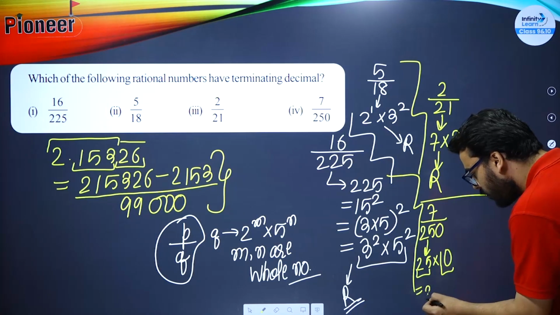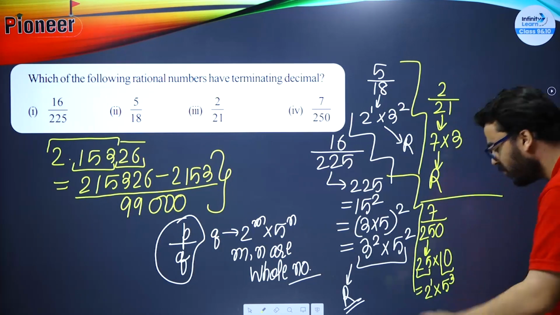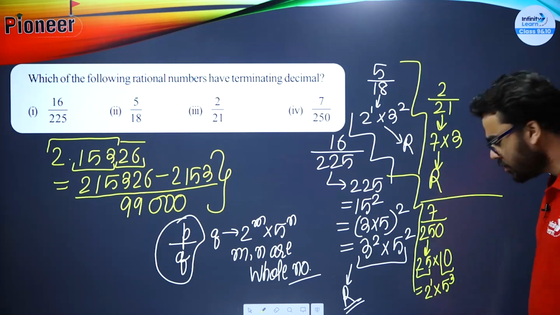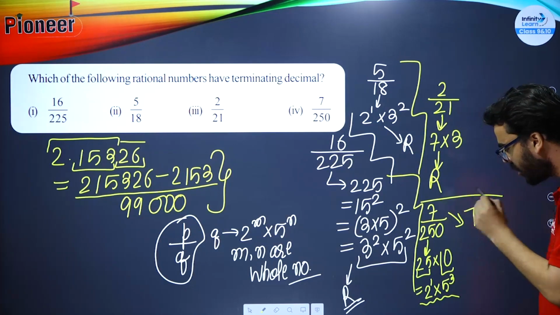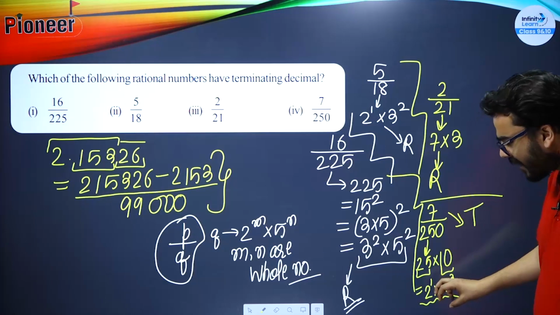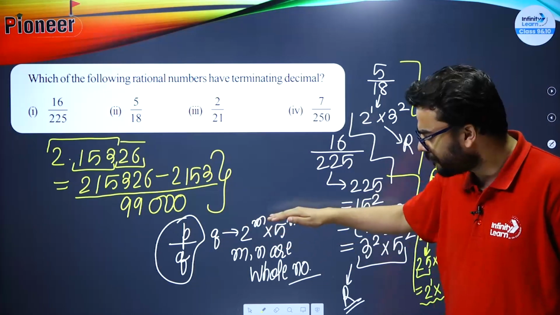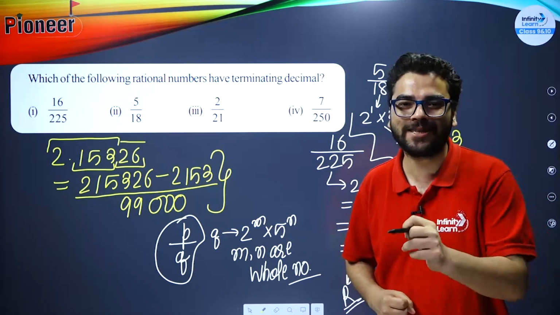So, this will come out 2 raised to the power 1 into 5 cube only. So, you see this will have a terminating decimal representation because the prime factorization of the denominator is of the form 2 raised to the power m into 5 raised to the power n. I hope this thing is clear to every student watching this video.